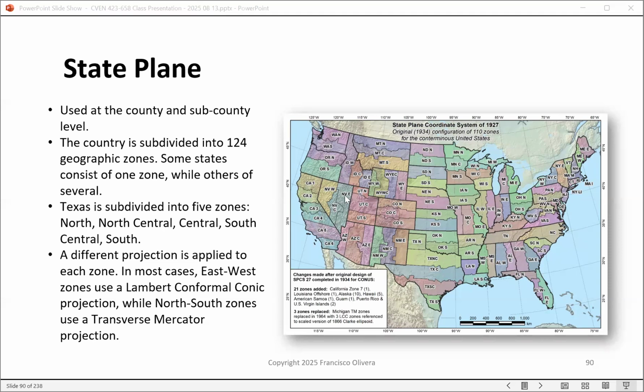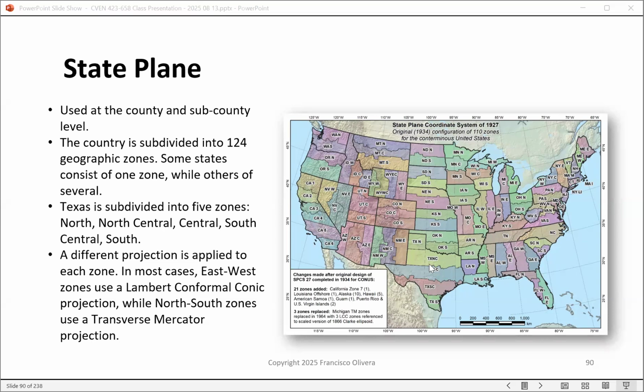Texas specifically, you can see they decided to divide it into 5 zones: North, which covers the Panhandle, North Central, Central, South Central, and South. In Texas, these zones expand more or less east-west. That means that in Texas, the projection that is used is going to be a conic projection.